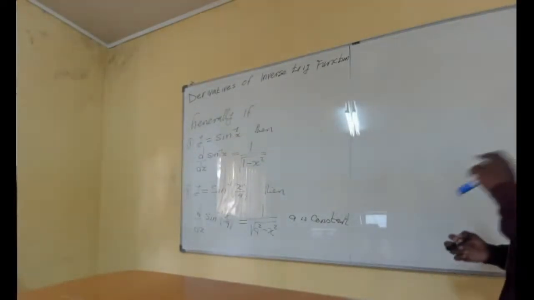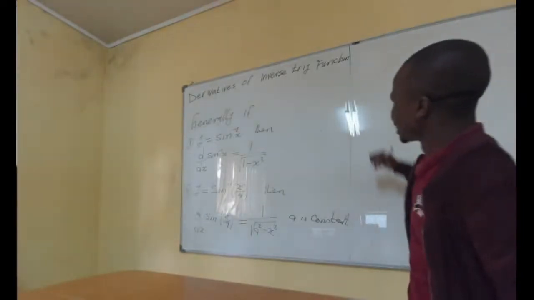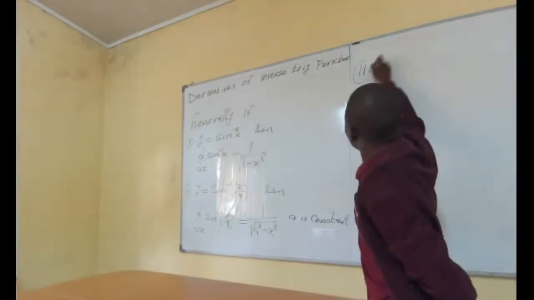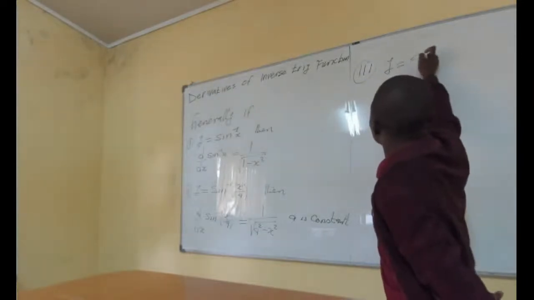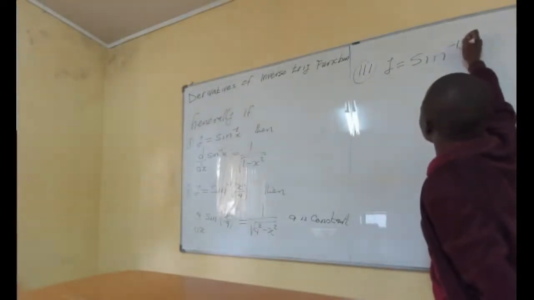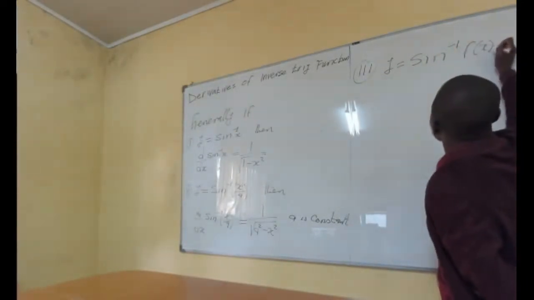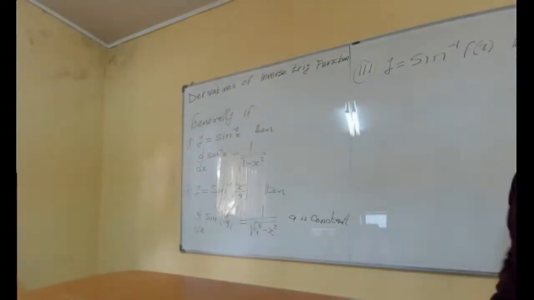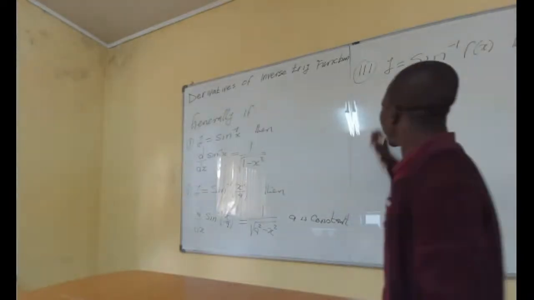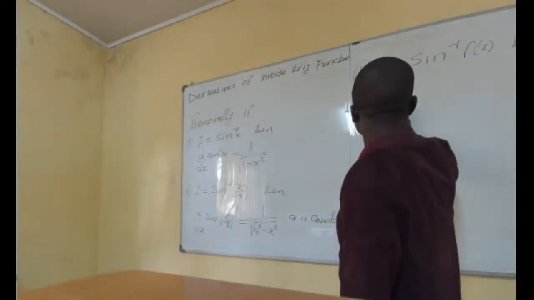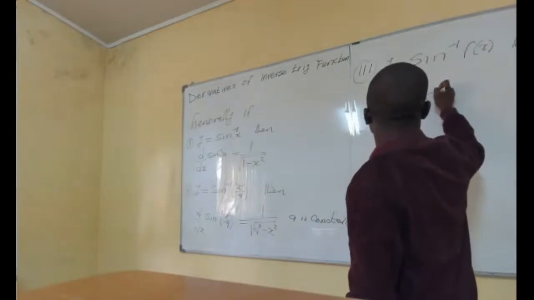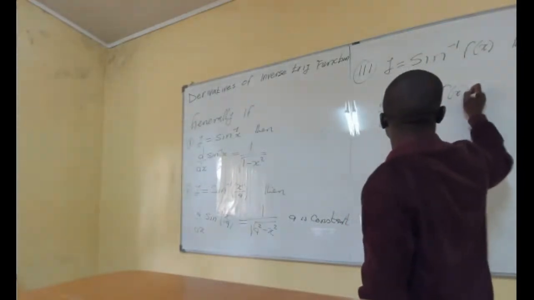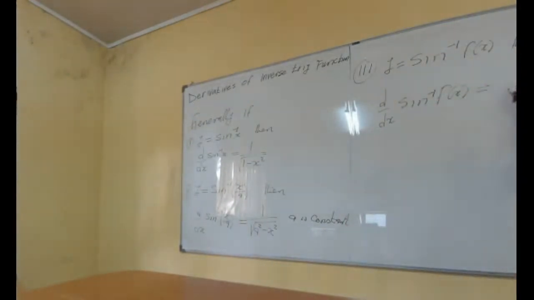Now, if we have y equal to the sine inverse of f of x, then depending on what f of x is, the derivative with respect to x of the sine inverse of f of x gives a general form.